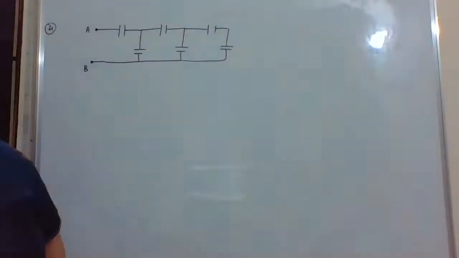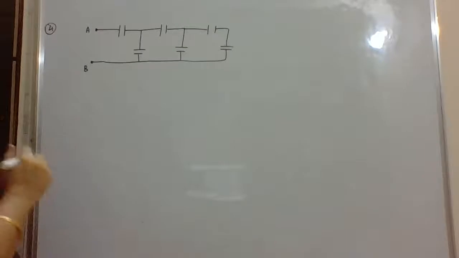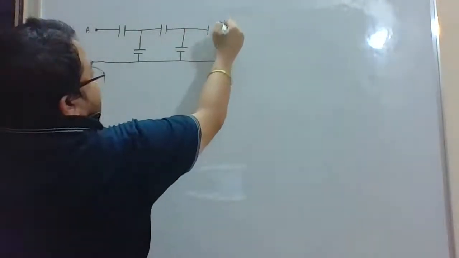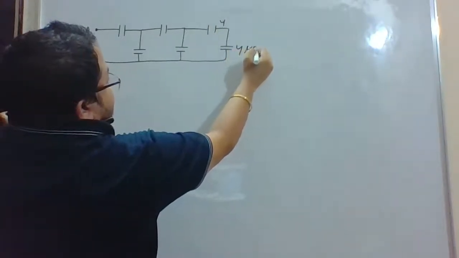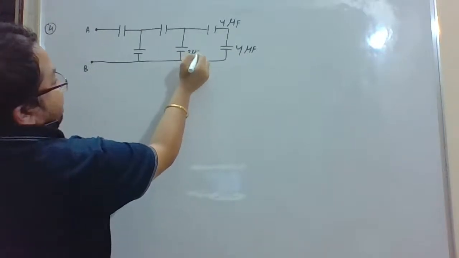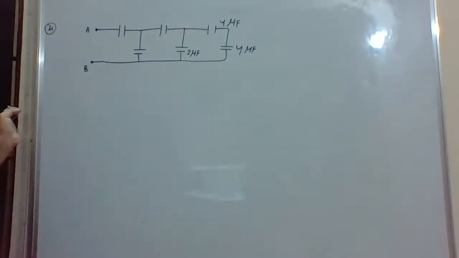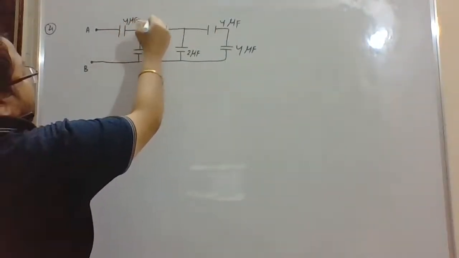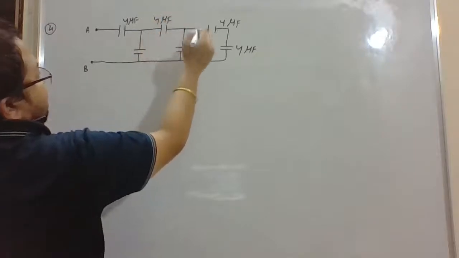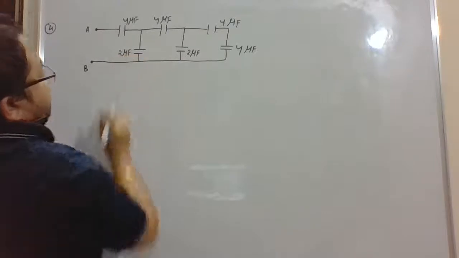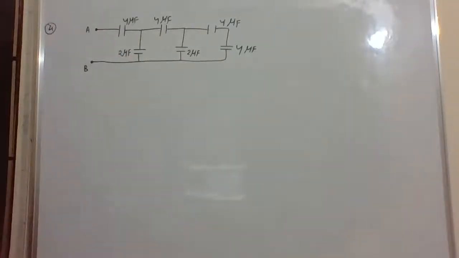The numbers we want to use are: this is 4 microfarad, this is 4 microfarad, this is 2 microfarad. All the ones on this side we are taking as 4 microfarad, 4 microfarad, 4 microfarad, 2 microfarad, 2 microfarad. If we are given a circuit like this, right?